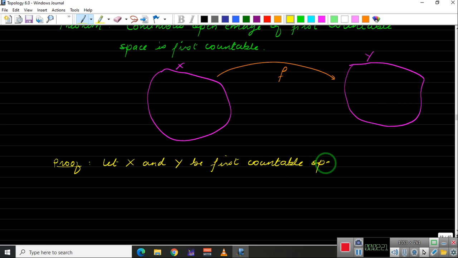No, I should not say that X and Y are first countable spaces. Rather, let me take them to be topological spaces, because we need to show that the image of a first countable space is first countable. So let X and Y be two topological spaces.